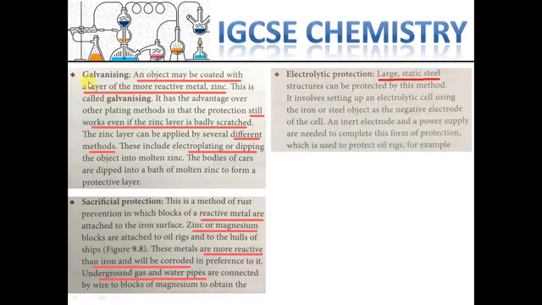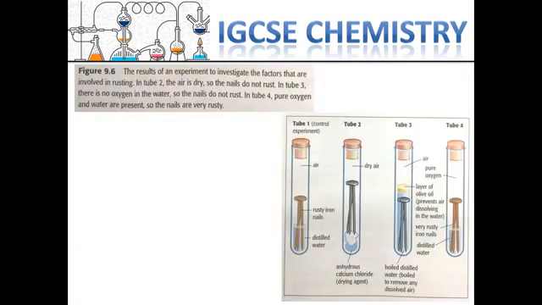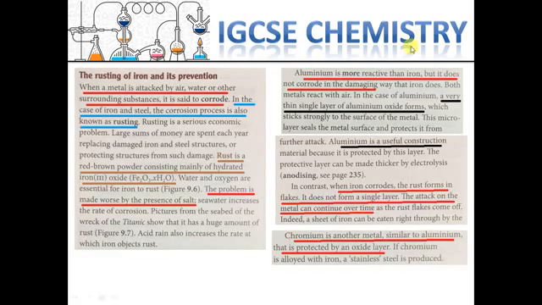Another method is galvanizing. Here they said an object may be coated with a layer of a more reactive metal like zinc. I explain here, like aluminum's performance, like aluminum and chrome.